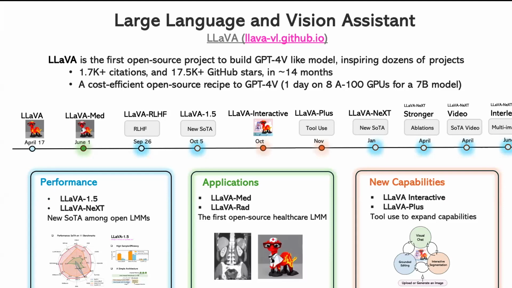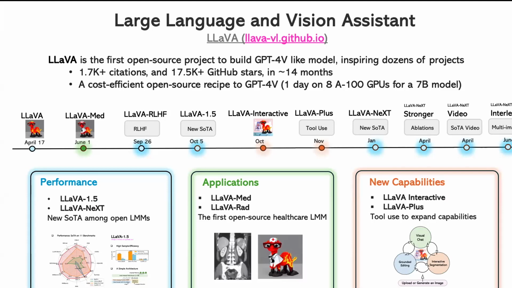And in the second class, we are talking about applications. For this community, we are interested in the general technology, right? But in real life scenarios, there are many vertical specific domains that people can fine tune for improved performance. And in the last category, we are talking about new capability. For example, how to enable image generation, how to enable visual prompting, and we can combine two-use technique with Lava to achieve such capability.